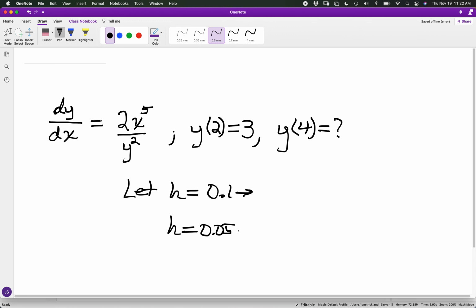So just starting out with Euler, you've got your step sizes, 0.1 and 0.05. Now for the number of steps, you're looking at transitioning from x equal to 2 to x equal to 4.